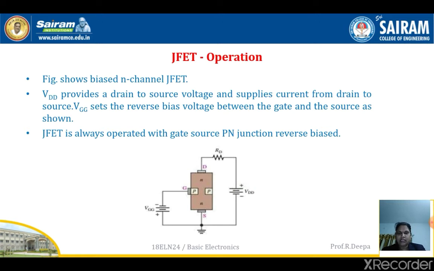As I have told, it is always operated with the gate source PN junction reverse biased. And we have another external DC voltage VDD which supplies the voltage across the drain and the source. This provides the drain current which moves from the drain terminal to the source terminal.